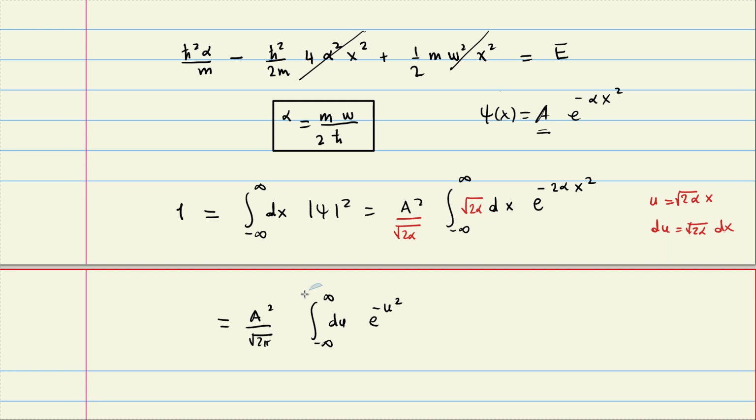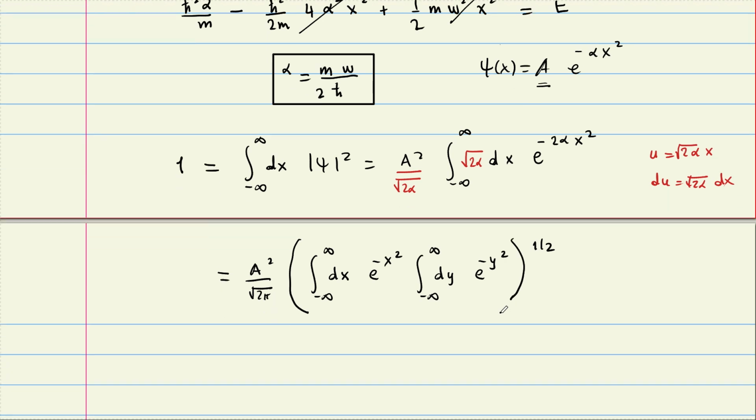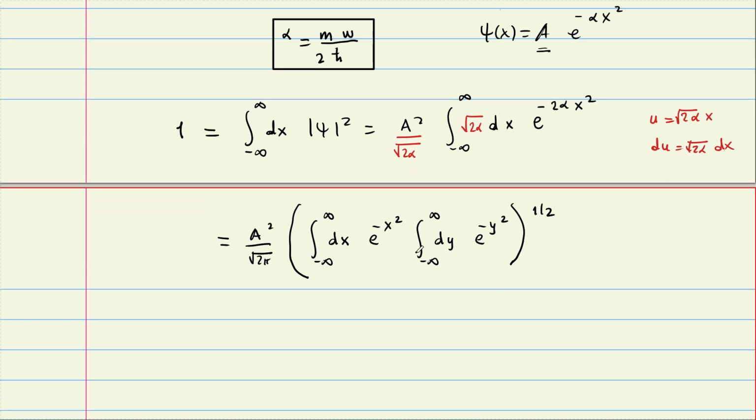So here's a trick. If nobody showed you, I am going to be the first one. What you do is you write it twice, and you take the square root. Because these are dummy variables, I can write whatever I want. So I want to write x for here, y for here, right? And now I'm going to combine x and y.